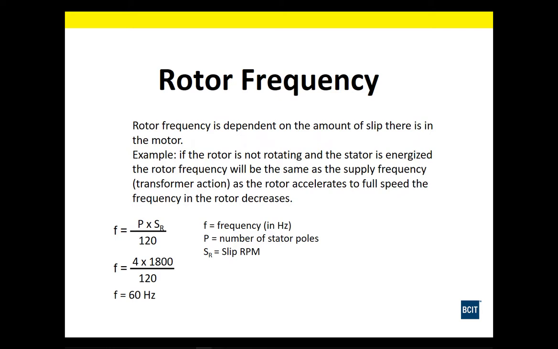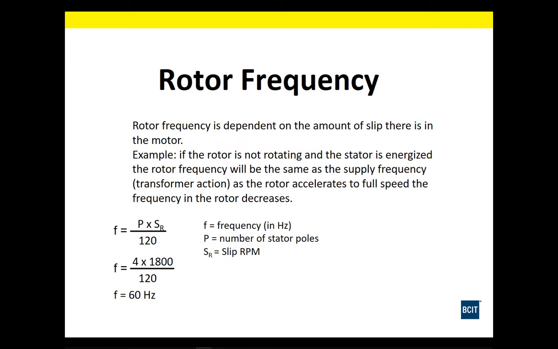Shown here is a transposed formula that we use for calculating synchronous speed. We're using it here to calculate the frequency of our rotor. So we have our number of stator poles for this 4-pole motor, the frequency we're going to calculate, and the slip RPM.